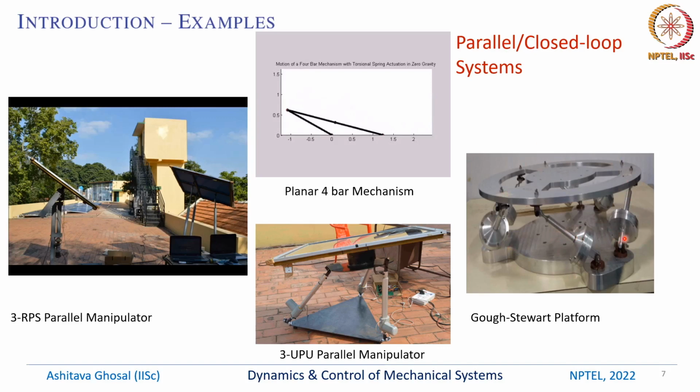But in many applications, there is one moving platform and one fixed platform, and this moving platform can be made to move along X, Y, Z and rotate about X, Y, Z by actuating these actuators. There are some motors inside these links which can extend these links, and hence the top platform can move along these 6 degrees of freedom or along the 6 directions.